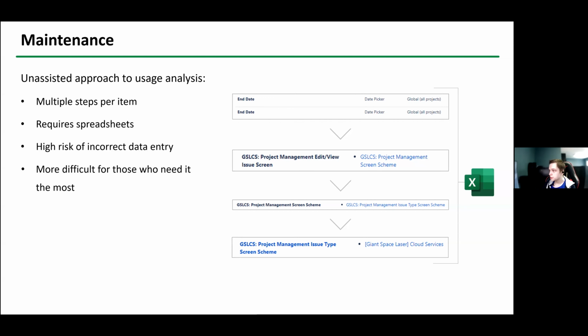And for every single change, to see the dependencies from, let's say, a custom field down to what projects use it on the screens, it's a 4-step process for every single custom field. And you'll have to make spreadsheets and copy, paste data, or manually enter it. And just the risk of making a mistake is massive, really. And therefore, you need to have some type of tool to assist you, whether it's in-house or whether it's an available solution.